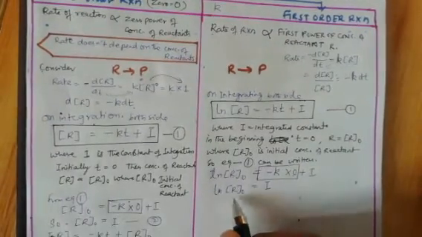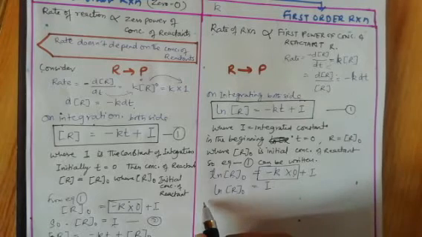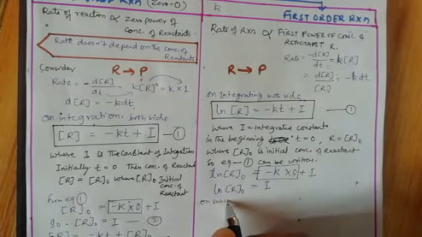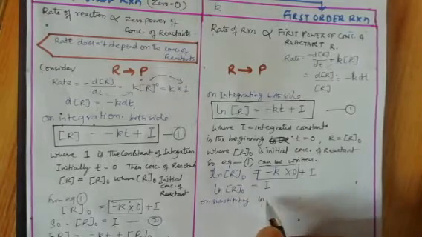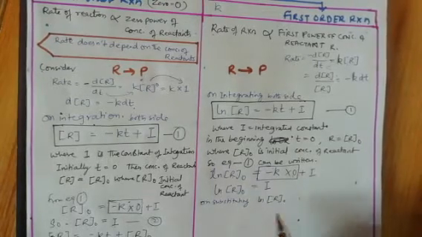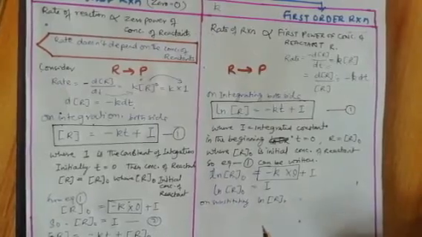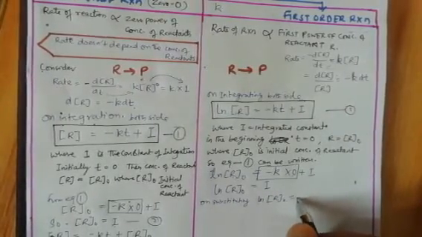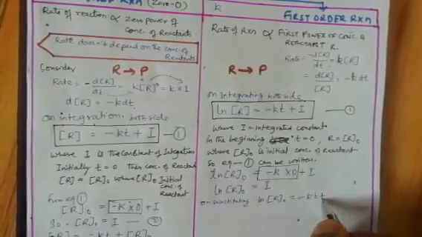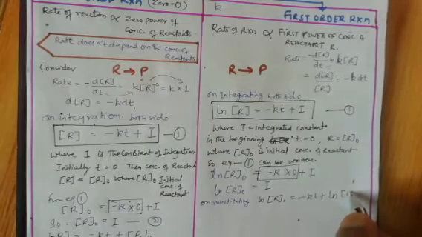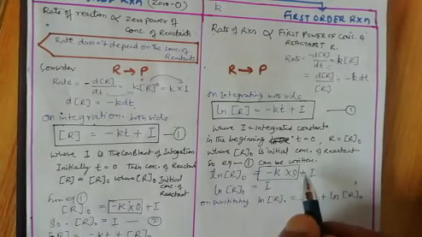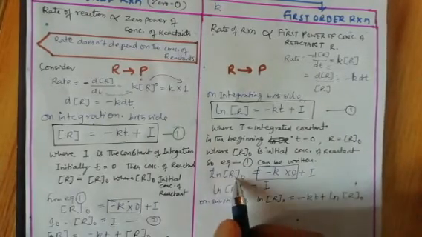On substituting, natural log R is equal to minus kt plus natural log R naught. It means that in place of I we now write log R naught.